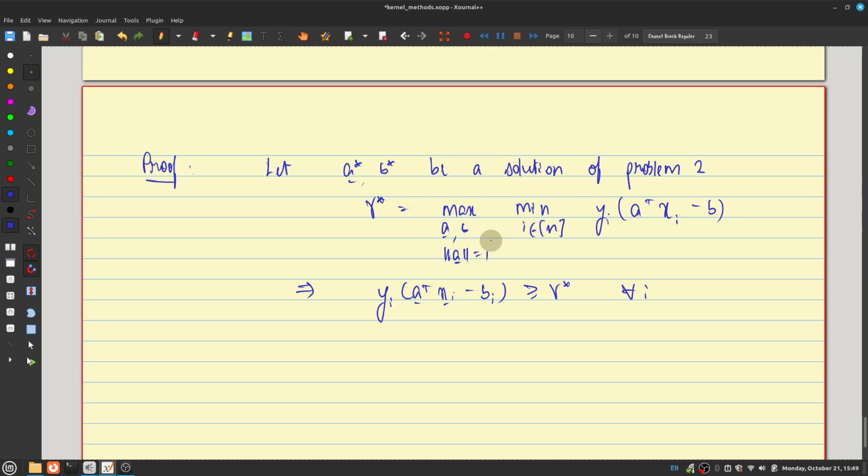This holds for the solution a star, b star. There is an a star, b star that achieves this particular gamma star.